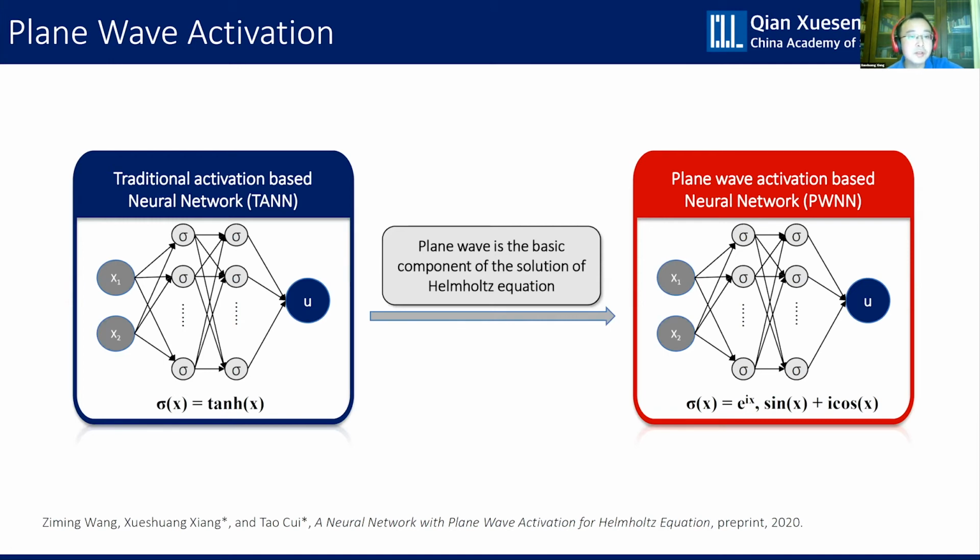For example, for the traditional activation-based neural network, we may use tanh(x) as the activation function, and here, since the plane wave is the basic component of the solution of the Helmholtz equation, we instead use the plane wave function as the activation function. So we conjecture that this activation function may increase the representation ability of the neural network.